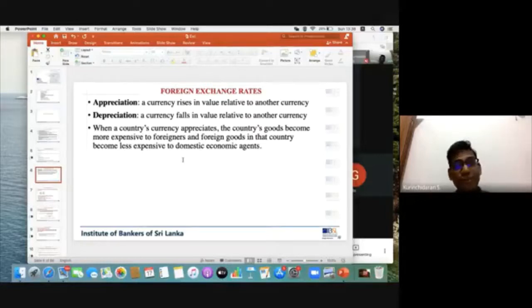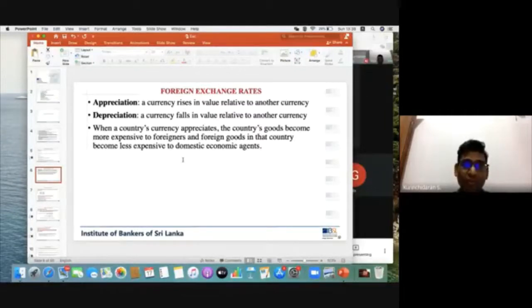In a foreign exchange market, it can be appreciation, it can be depreciation. When a currency rises in value relative to another currency, that is appreciation. You are going to compare LKR and USD, and if the LKR value relative to USD rises, here you have to look carefully. I'm talking about value, not the rate, right?